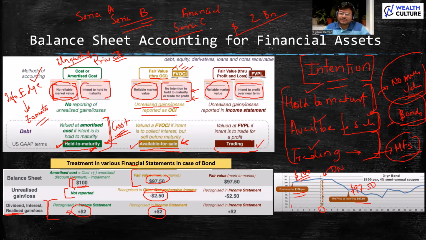If, let's say, we had classified this as trading, then on the books, in the balance sheet, we have to show 97.5. We have to book a loss of minus 2.5 in the income statement, remember, not in the other comprehensive income. And in the income statement, we also have to show the $2 dividend received, right? So this treatment is different depending upon how you classify.